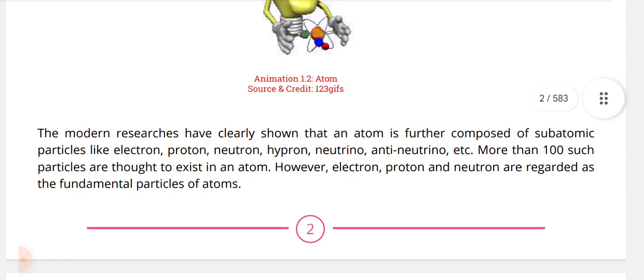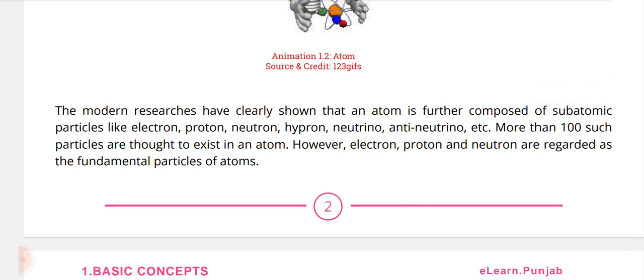The modern researches have clearly shown that an atom is further composed of subatomic particles like electrons, protons, neutrons, hyperons, neutrino, antineutrino, etc. More than 100 such particles are thought to exist in an atom.